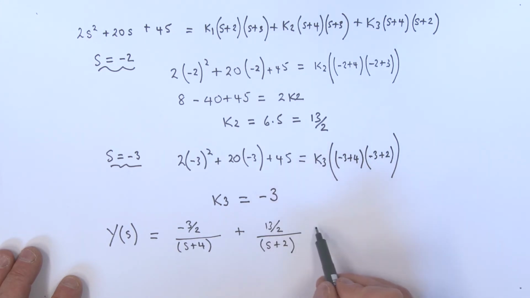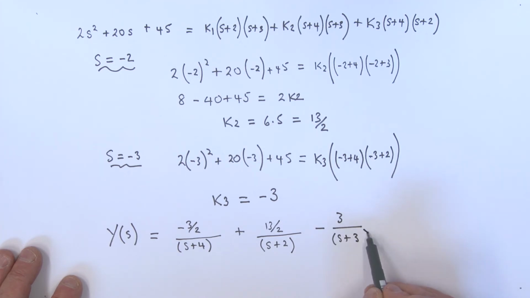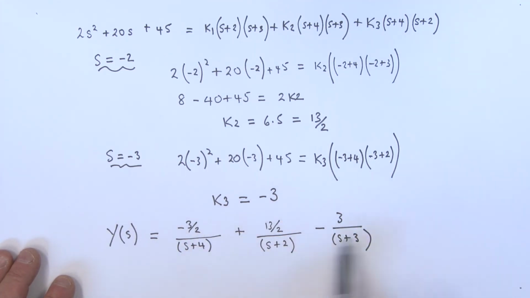And then finally, I've got my -3 divided by s plus 3. All right, this can now be operated on by using tables to perform the inverse Laplace transform.